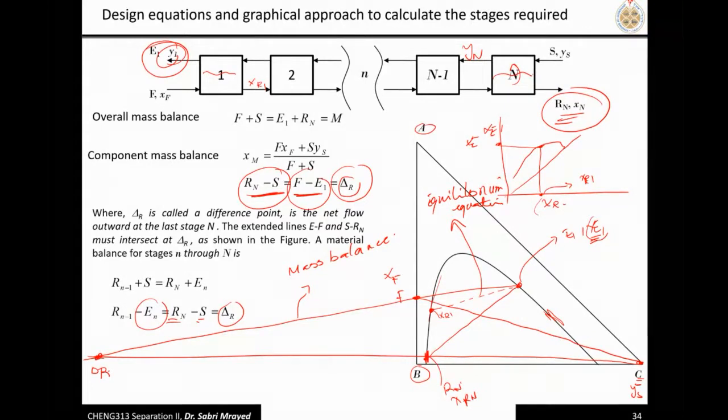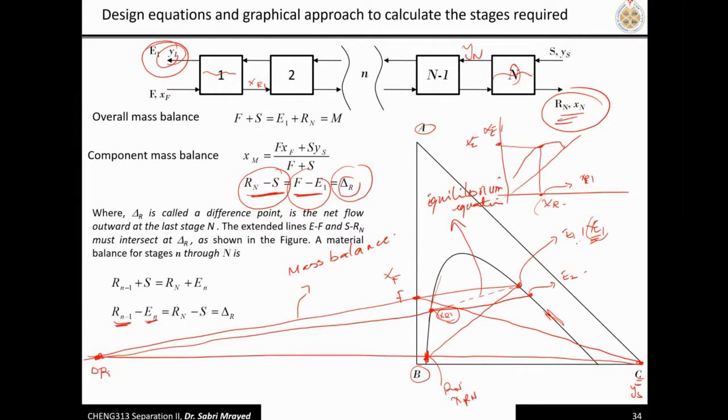Now I know that if I connect this line with delta R, I try to do my best to get this right. So now with XR1, I will be able to get E2. This is exactly the equation that I'm trying to explain here: Rn minus 1 with E1.